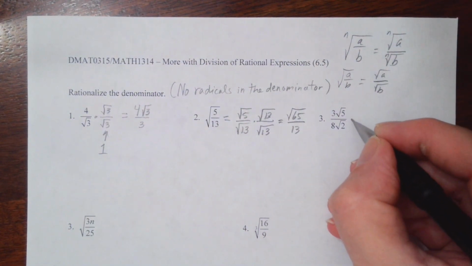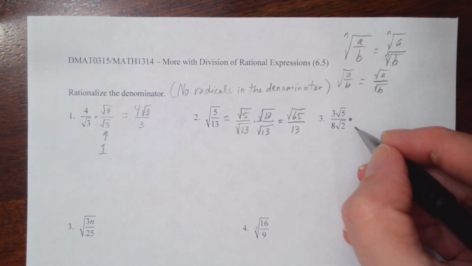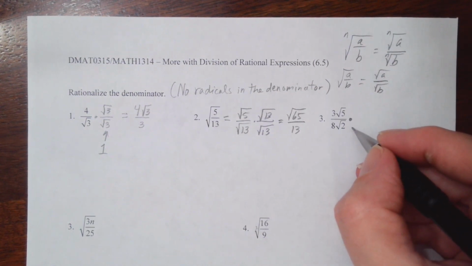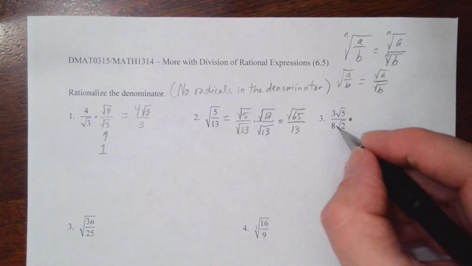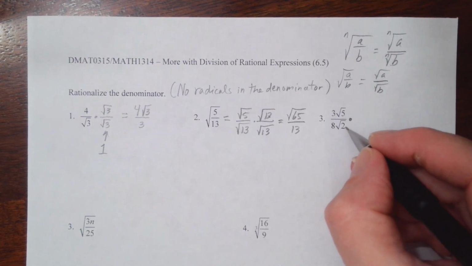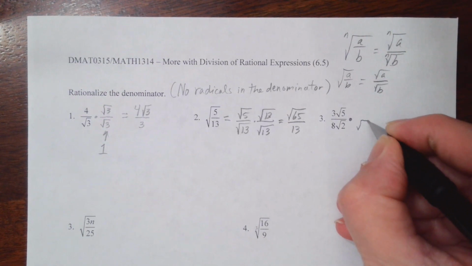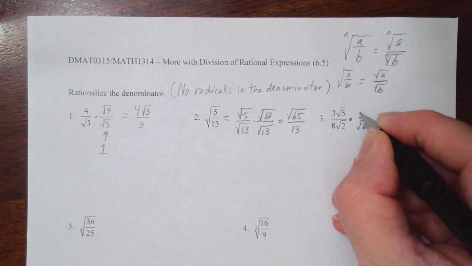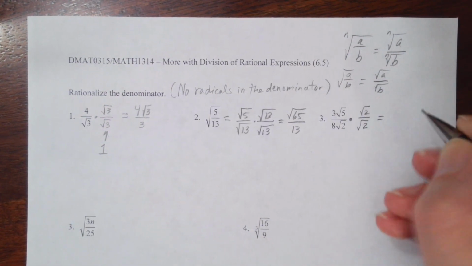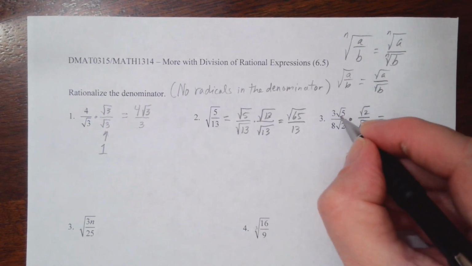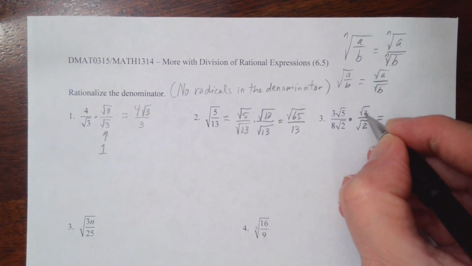Now, on number 3, sometimes students will multiply by 8 square roots of 2, but it's really just the square root of 2 that's the problem. And so I just want to multiply by the square root of 2. And so we'll do the same thing to the numerator. So we have 3 times the square root of 5 times the square root of 2 in the numerator.